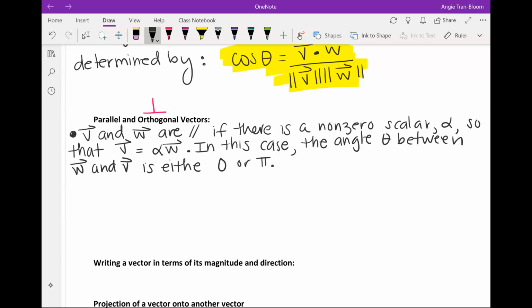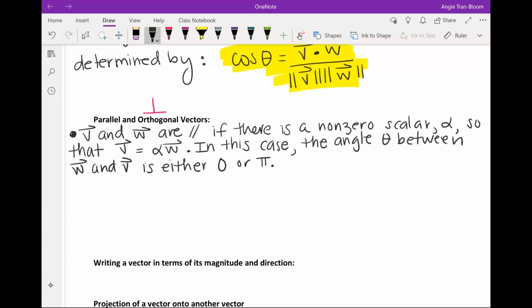Sometimes you don't realize that the difference is just a scalar. So if I ask you to find the angle between the two vectors, and it comes out to be either 0 degrees or 180 degrees, then you immediately should know that these two vectors are parallel. Okay. So that's how we know.